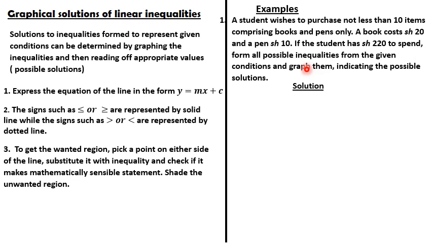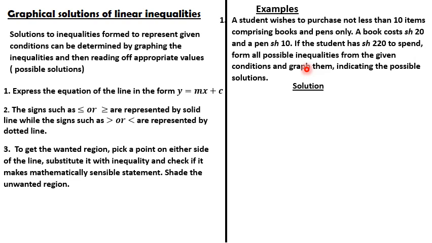The cost of a book is given as 20 shillings, while the cost of a pen is given as 10 shillings. And the total amount of money the student has is 220 to buy those books and pens. We therefore need to form all possible inequalities from this statement given.